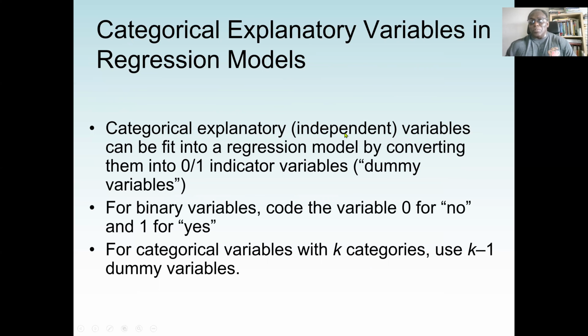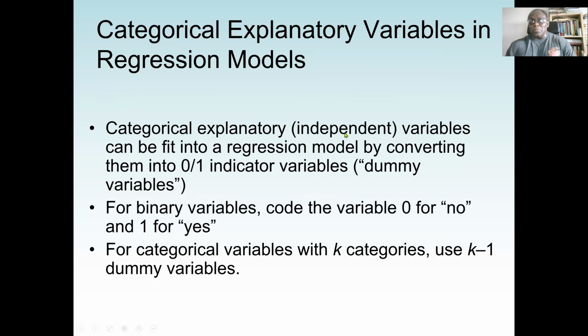For a binary variable such as yes or no, we can represent no as 0 and yes as 1, because again, a regression model normally uses quantitative data, not nominal or categorical data. For a categorical variable with k categories, we are going to use k-1 dummy variables.